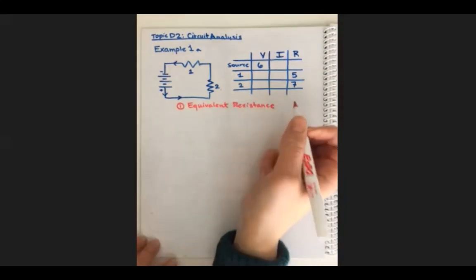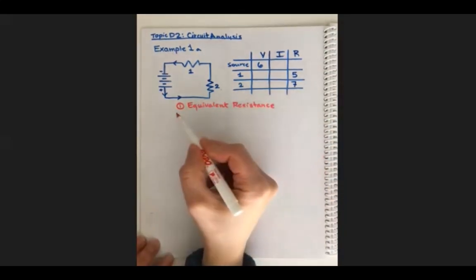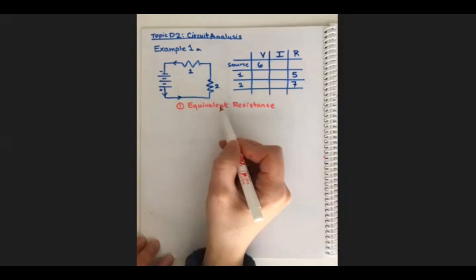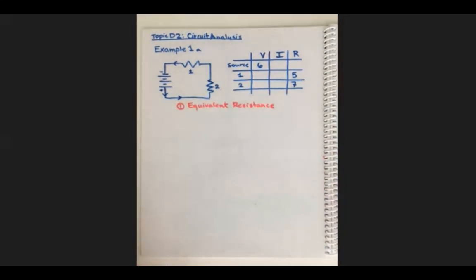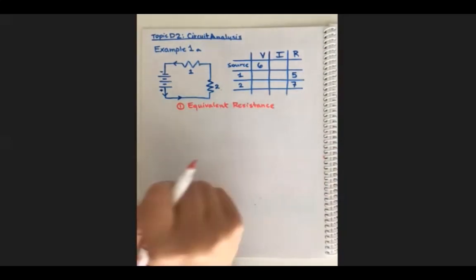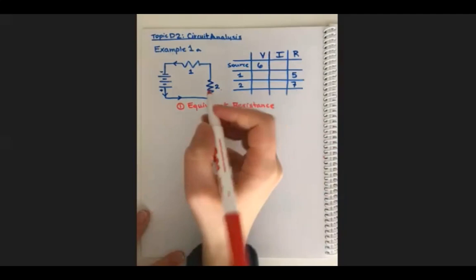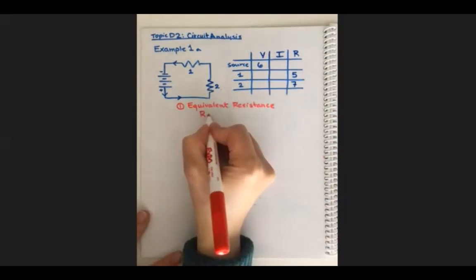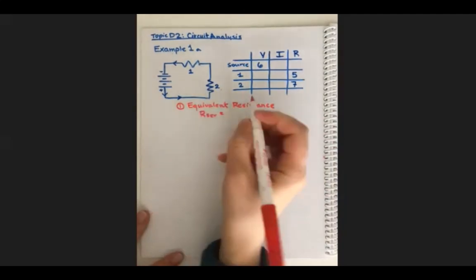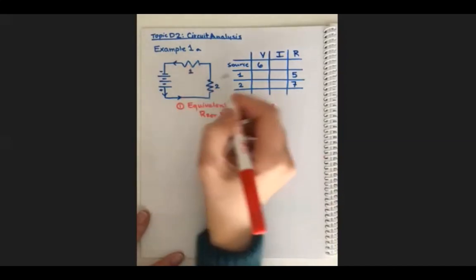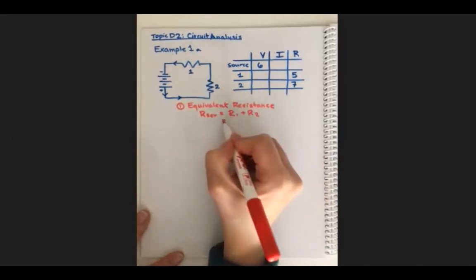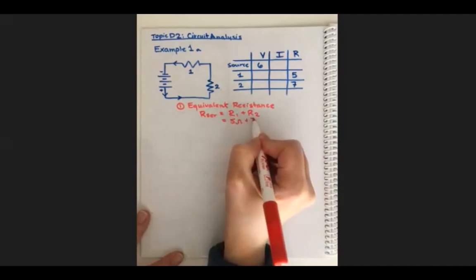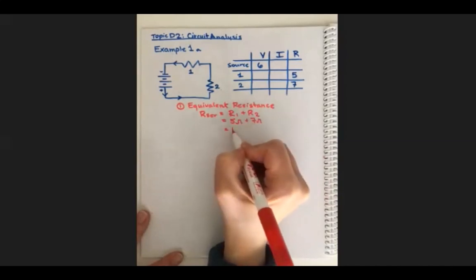For each step, you're going to write a number and caption it, and then write the math. This is the most organized way to do it. It really helps you check your own work and helps others understand your work. For equivalent resistance, R in series is equal to, in this case, R1 plus R2, since they are connected in series: 5 ohms plus 7 ohms gives us 12 ohms.